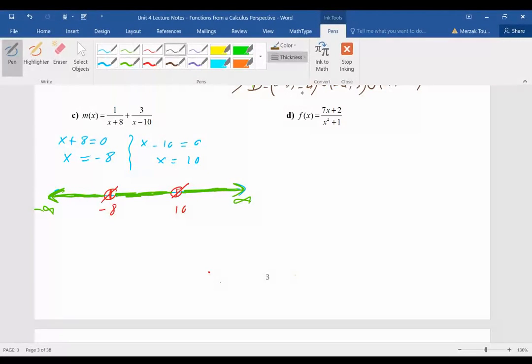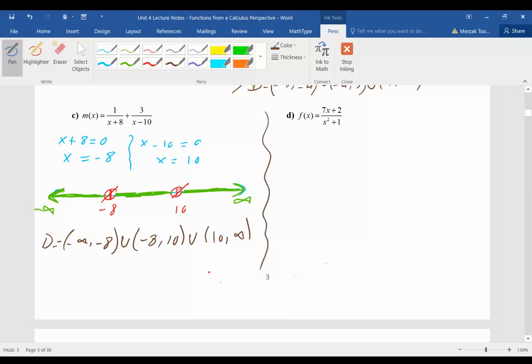So the domain would be D equals -infinity, -8, parenthesis, because we are excluding -8, union -8 to 10, excluding both -8 and 10, union 10 infinity, same thing, we're excluding 10.